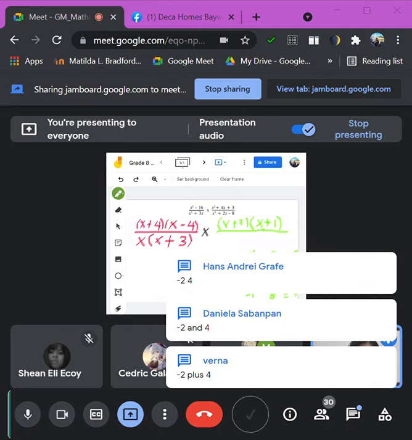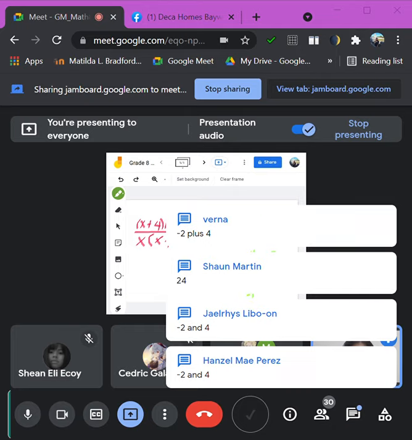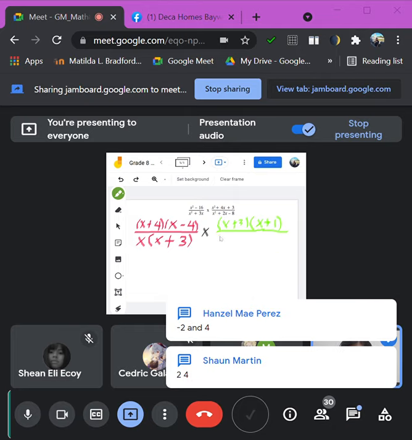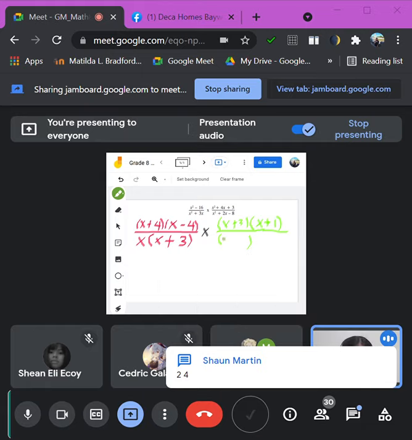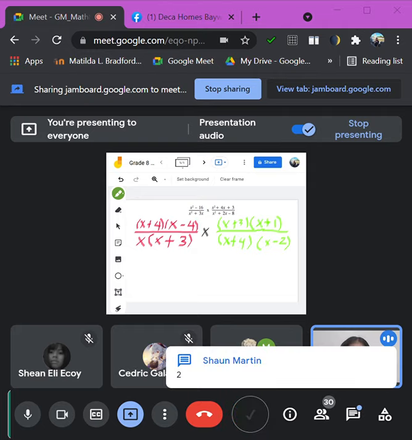Very good. We're going to use negative 2, 4. Okay. So, ato na siyang ibutang sa atong factors diri. So, we have x minus 4, x plus 4, and then x minus 2. That is already your factor sa atong x squared plus 2x minus 8.